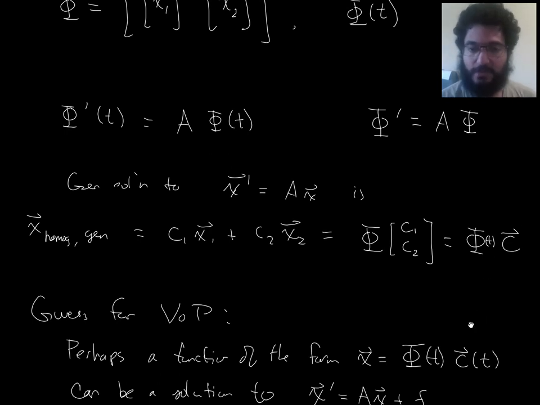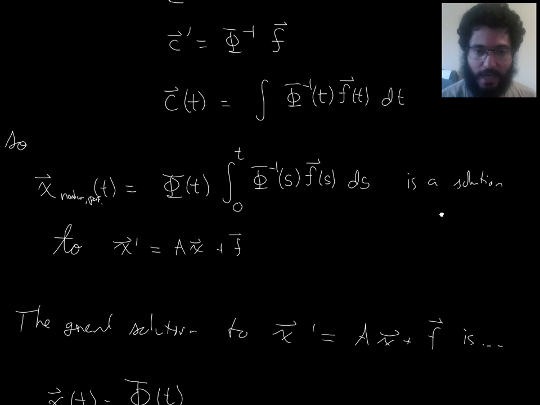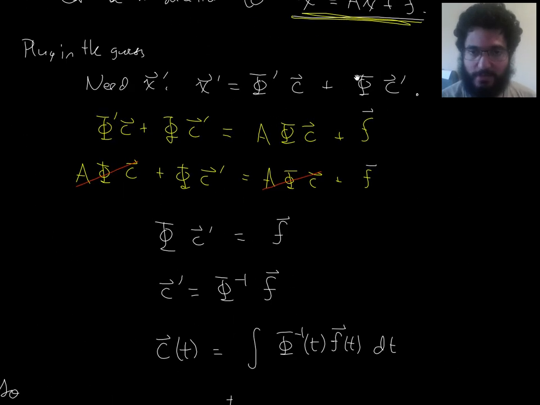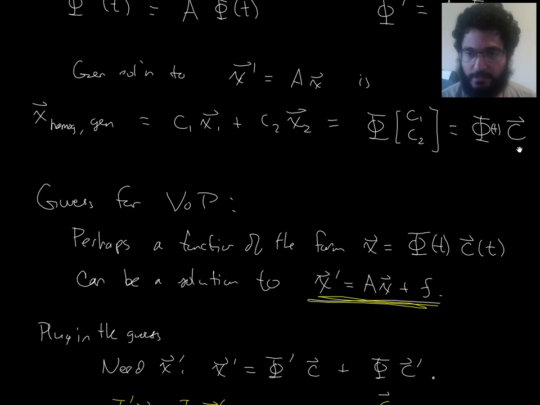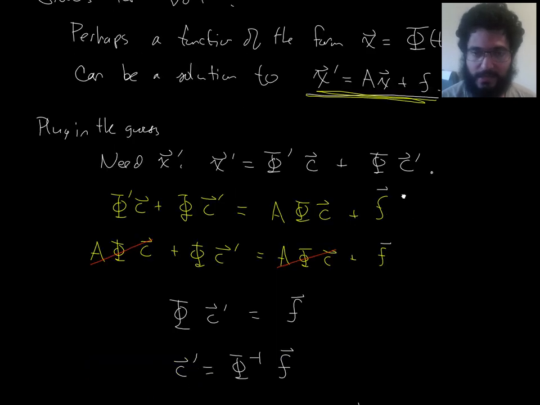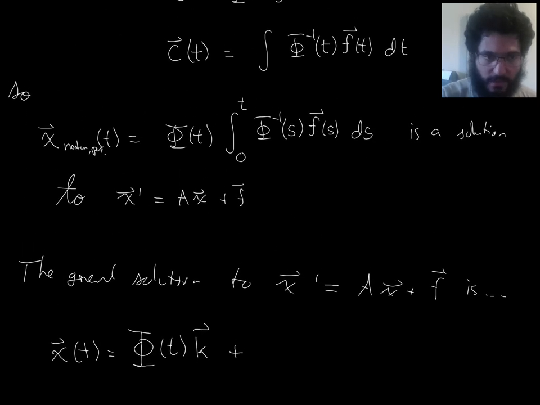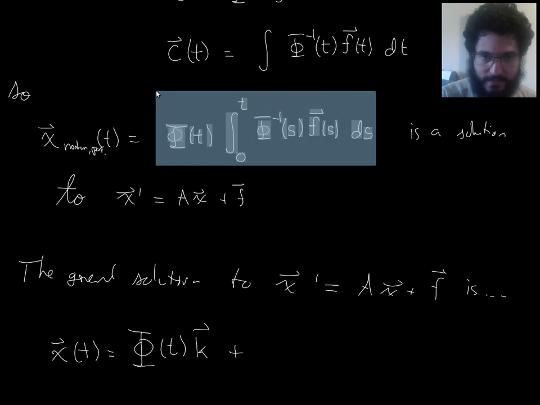I should use a different notation since I just don't want to confuse it with the thing that I'm calling c of t here from my variation of parameters. So how about I call this one k, since that's what they call it in the textbook. So k, and I'm not just being lazy and not writing of t. This literally is a constant. It's not laziness here. Plus this thing that we got.